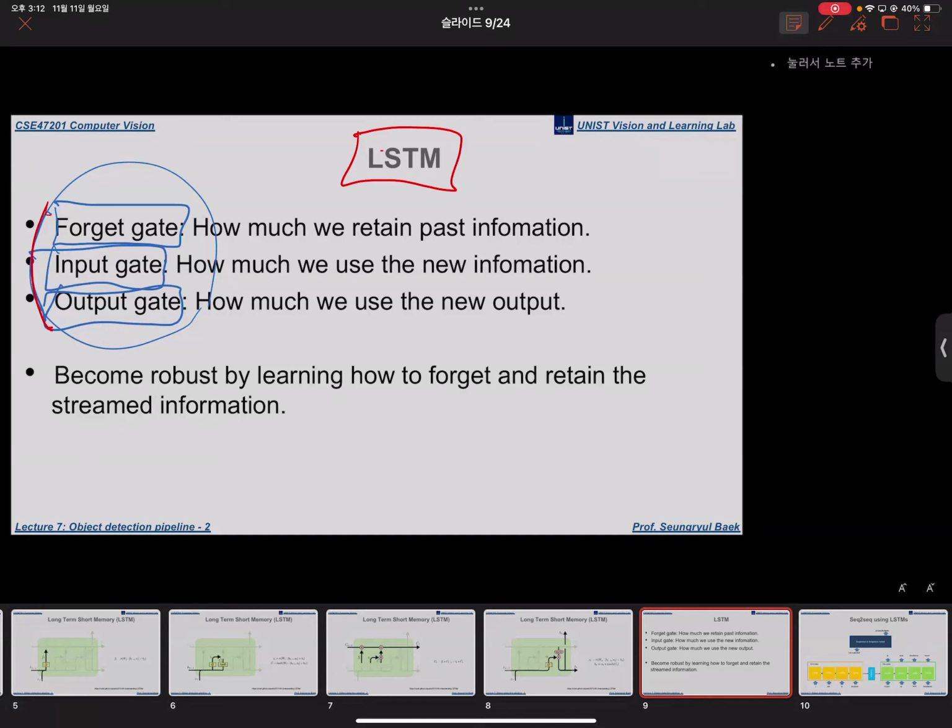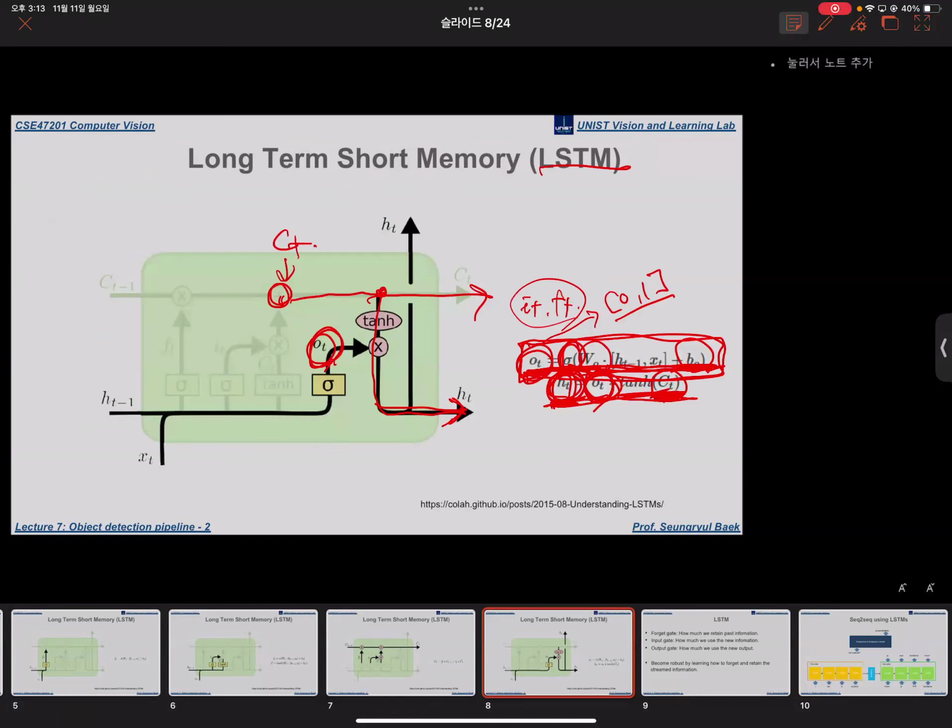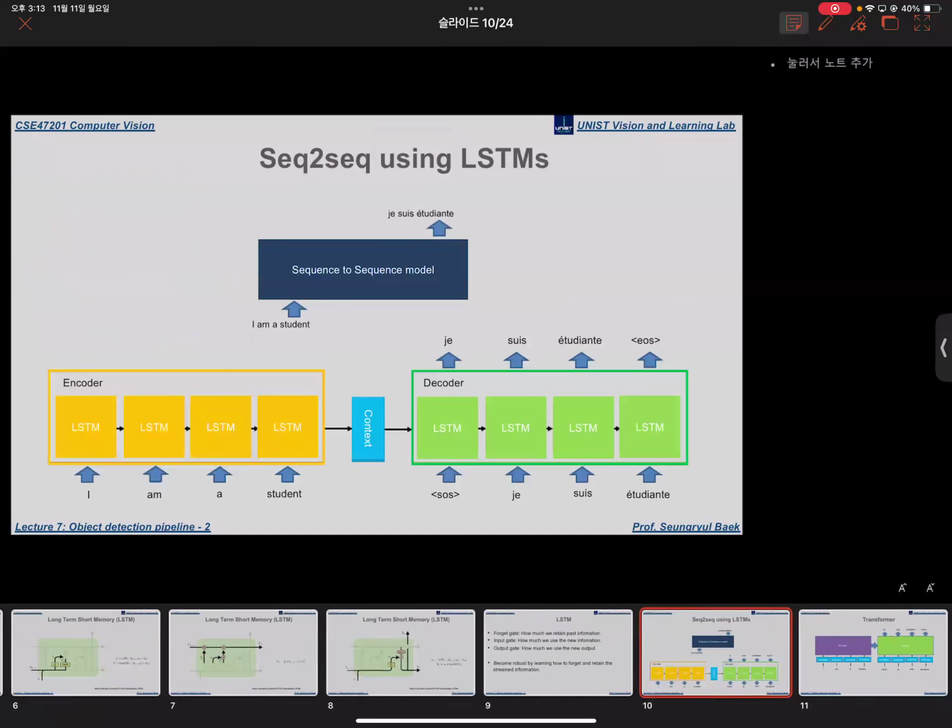Okay. So maybe you can feel that because of this complicated unit, the LSTM is becoming more robust than the vanilla RNN architectures. But this is not that important. You will not actually use the LSTM or RNN in this class.